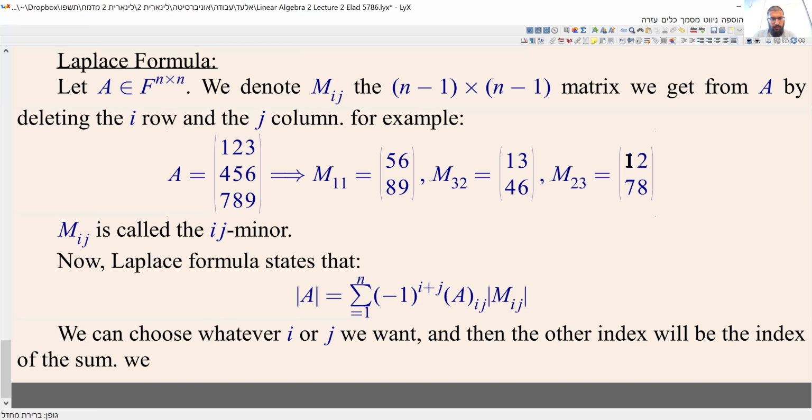We will get the same result for every way we choose.